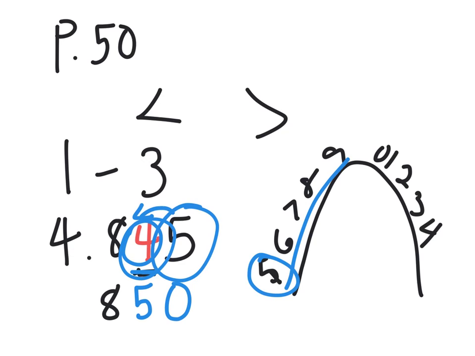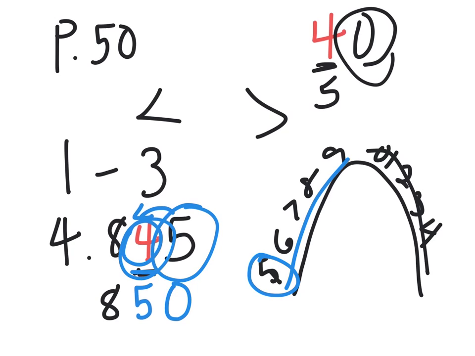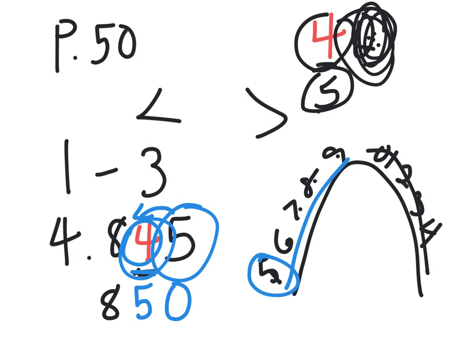So if you have a number next to it that is a 0, 1, 2, 3, or 4, then you're going down, and this one won't move up to 5. But if this number right here was a 5, 6, 7, 8, or 9, then that number would move up to a 5. Okay?